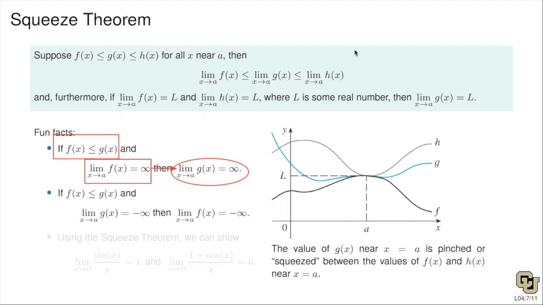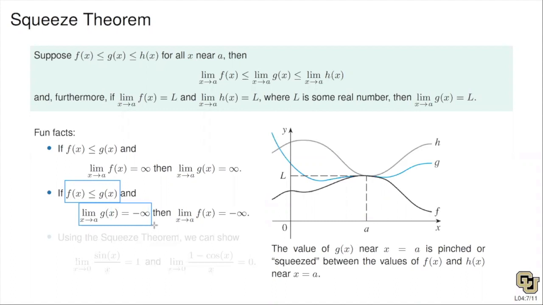Another similar scenario: if we know f is less than g, and we know the function g is going down to negative infinity, it's plunging. Here f has to always be less than g, but g is going to negative infinity. So the only conclusion must be that f is also going to negative infinity.